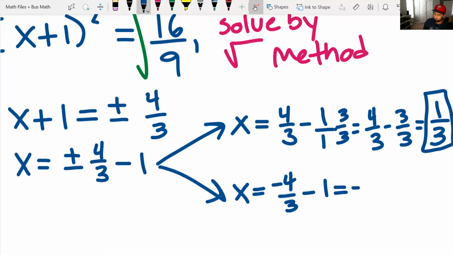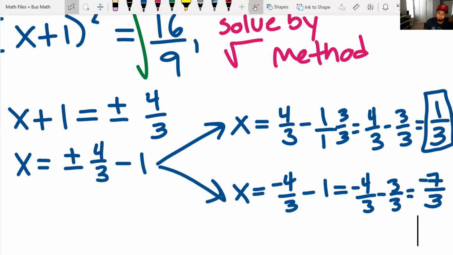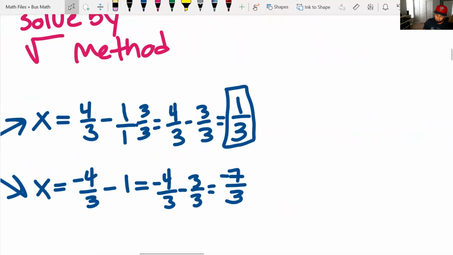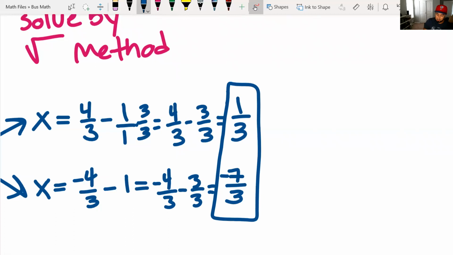So this becomes negative 4/3 minus 3/3, which gives me negative 7/3. And these are the x values. You get fancy brace 1/3, comma, negative 7/3.